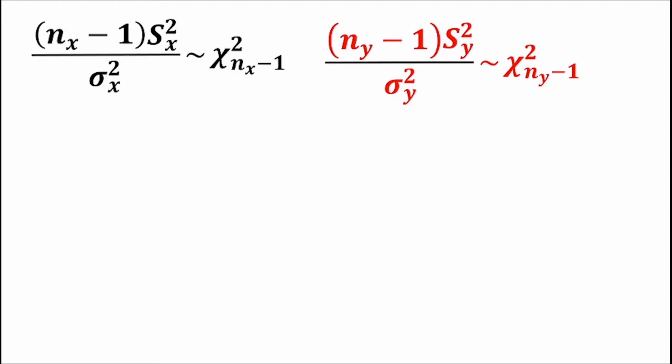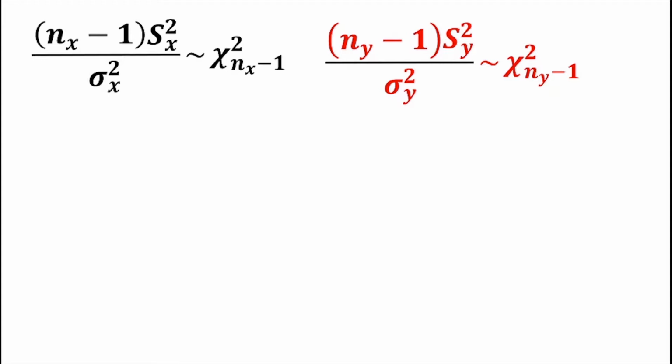Okay, so if we were to define each distribution, we can make sure that we use some subtext to identify which one's which. So obviously X's will be for this black distribution, whereas Y's will be red. So I've color coded it so it's a little bit easier to track what's going on. We already knew that n minus 1 times s squared over sigma squared followed a chi-squared distribution.